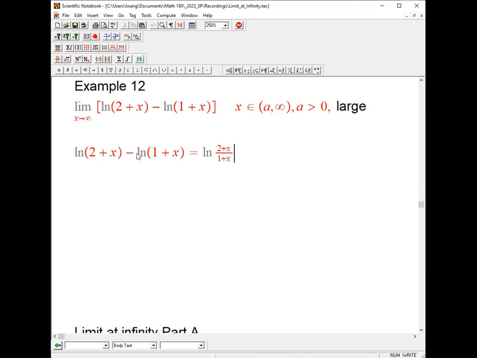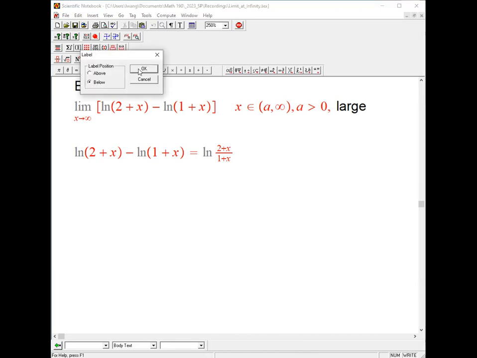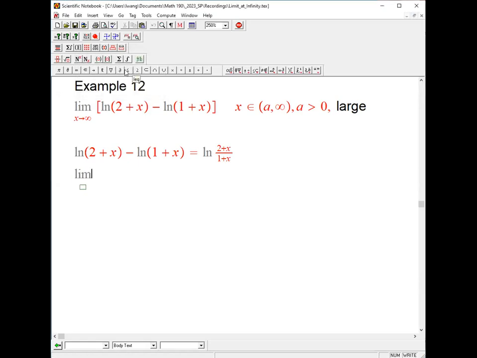And if you look at the limit as x approaches infinity, we cannot take the limit directly, but we can divide the top and bottom by x.